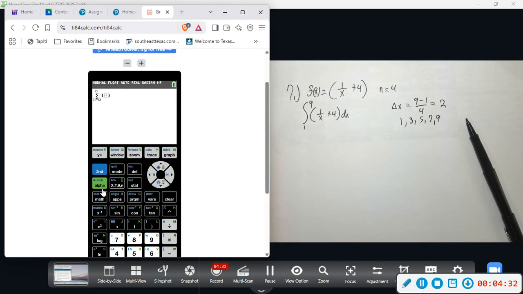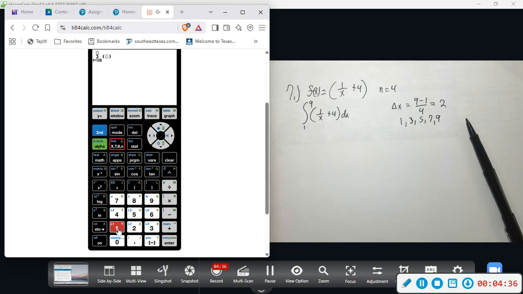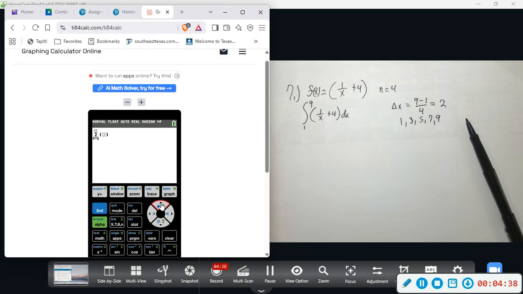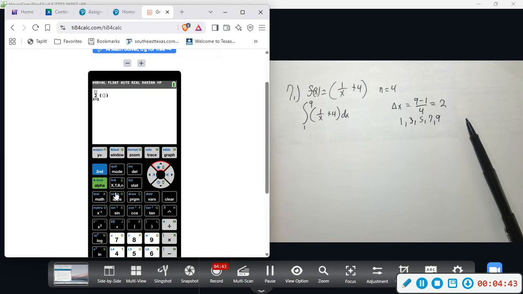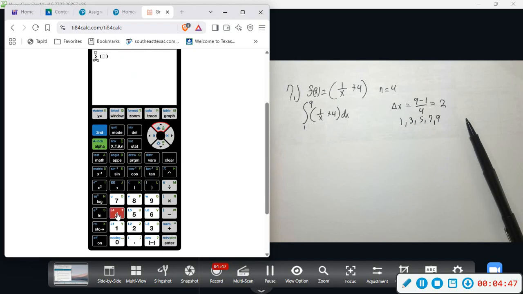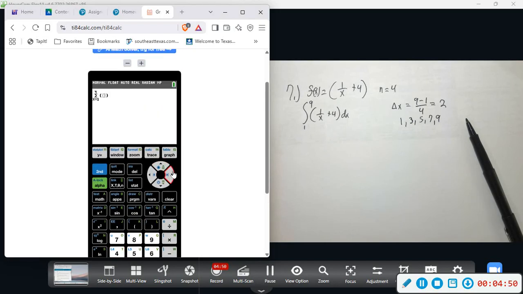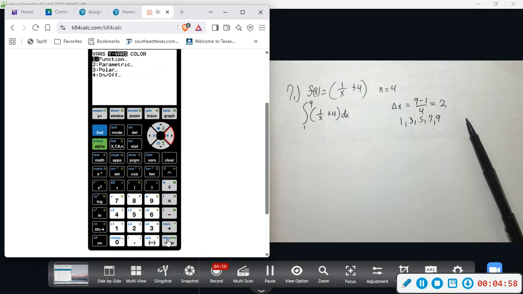We're going to start from x equals 1 up to n. And I believe our n is our number of partitions, 4. And then we're going to do vars, our function, y1.